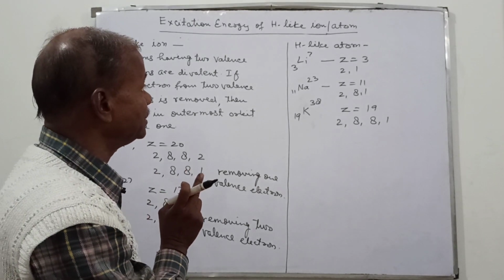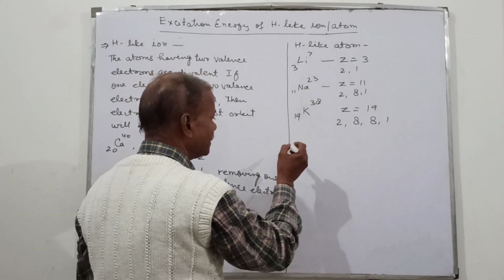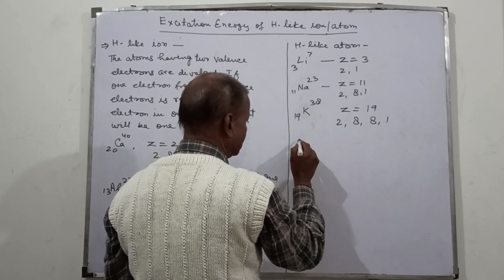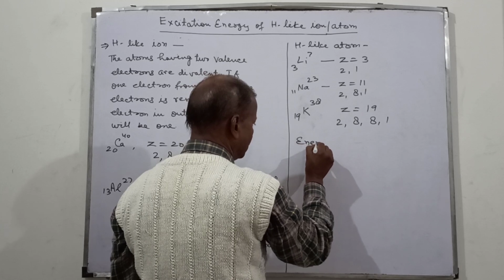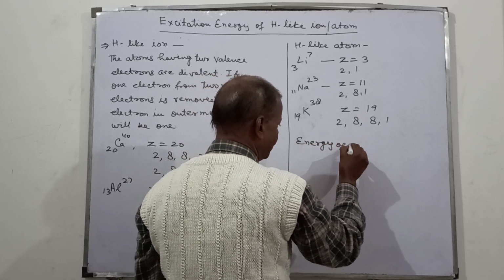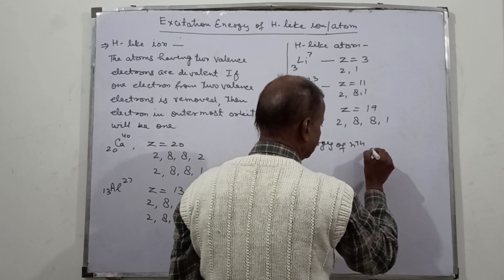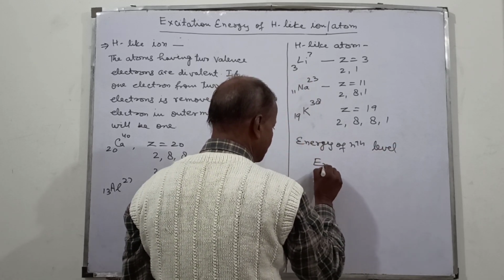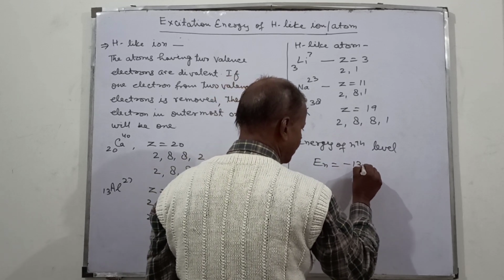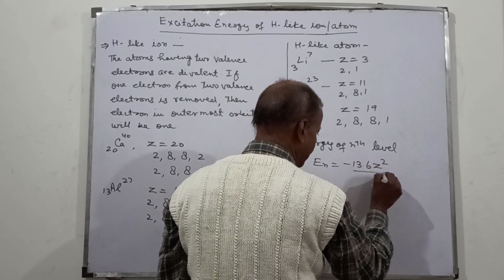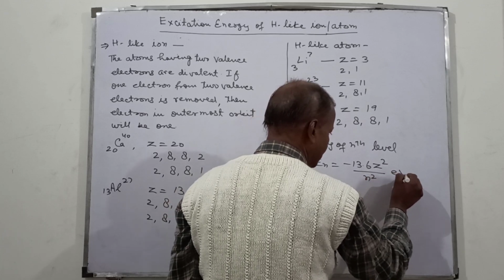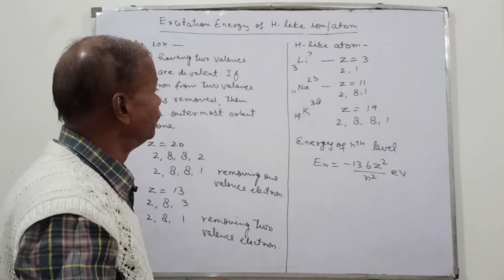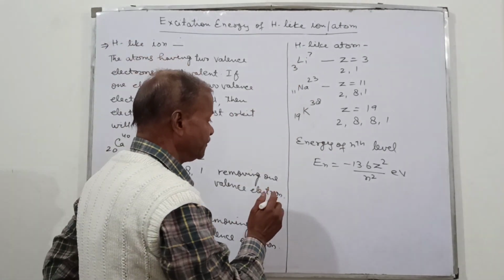Now we will find the excitation energy. The energy of the nth level is En equals minus 13.6 Z square upon n square electron volt. Now suppose we have to find it for lithium.